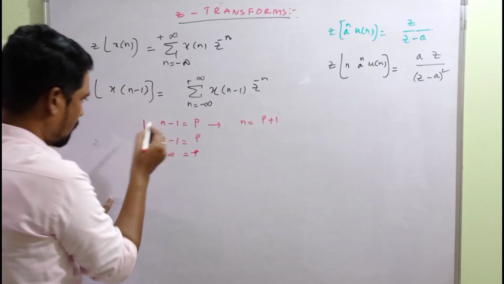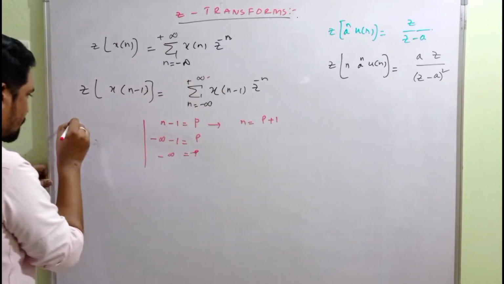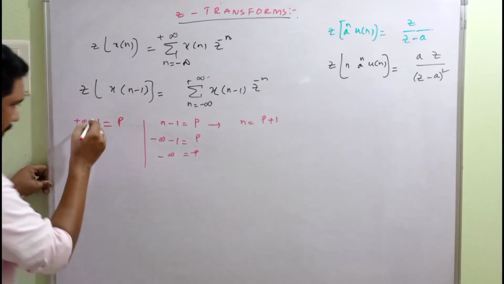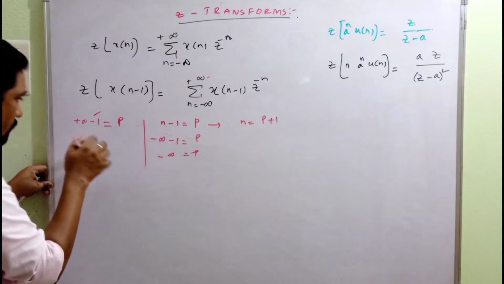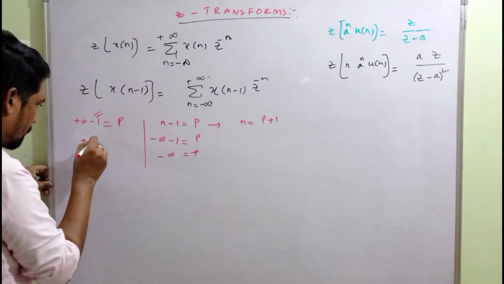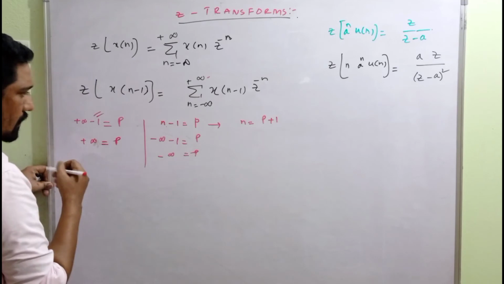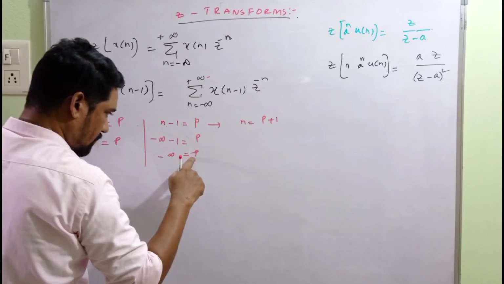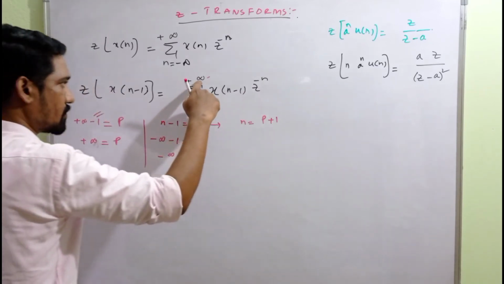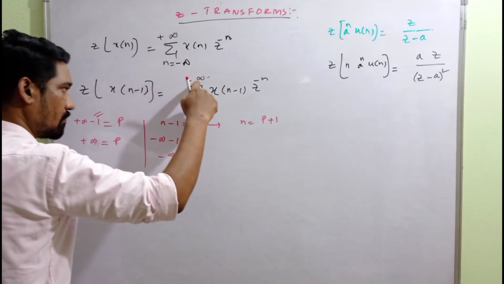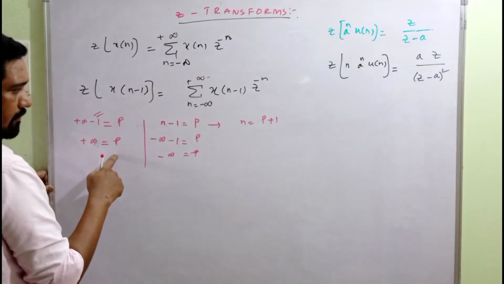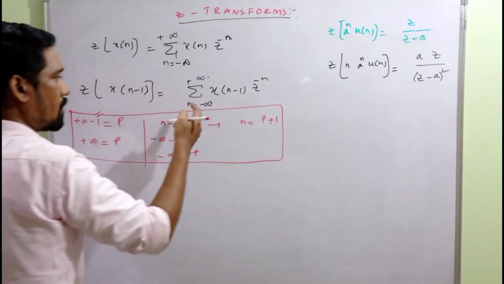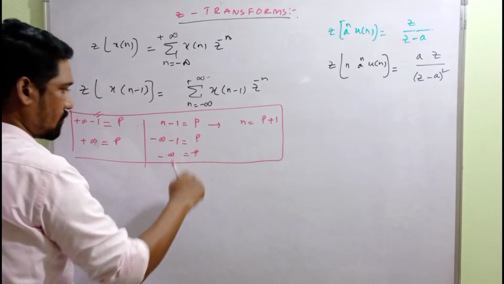On the other hand, when n is positive infinity, minus 1, p is still positive infinity. This becomes invalid as a change, so it's completely positive infinite, equal to p. We have to make use of this when we go for substitution. Even in differentiation, even in integration, this is the rule we come across.